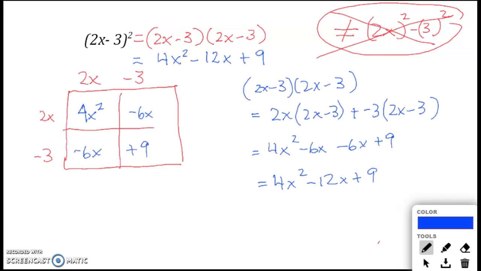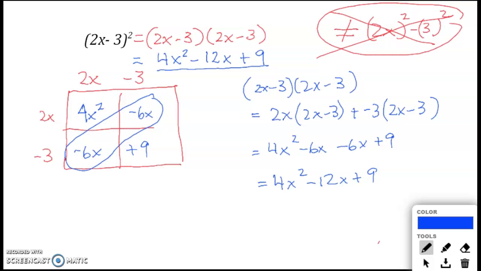Okay, so basically you do the area model. I've done this for the sake of time. 2x minus 3, 2x minus 3, they go on both the top line and on the side. And then you just start multiplying: 4x squared, negative 3 times 2x is negative 6x, and then 9 here. Then you combine like terms, and you get this as my final answer, 4x squared minus 12x plus 9.